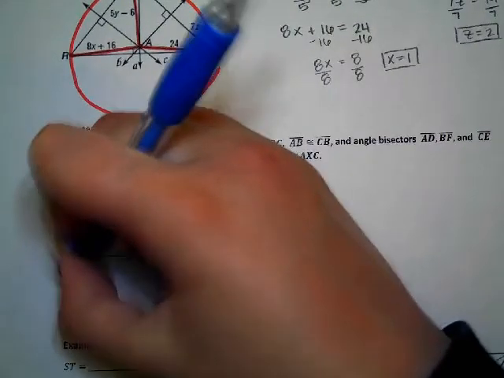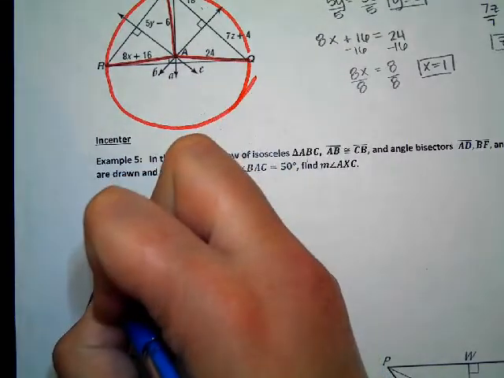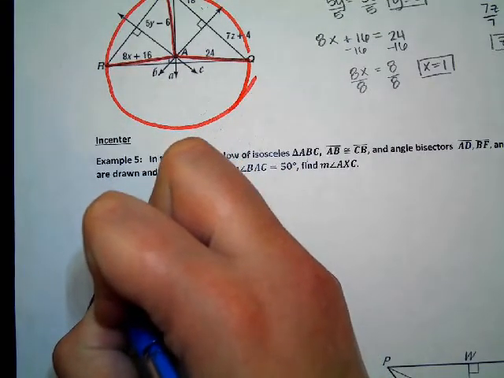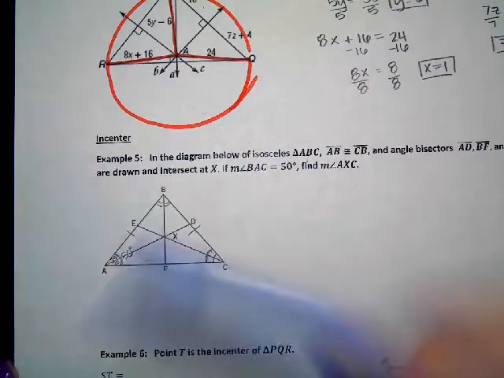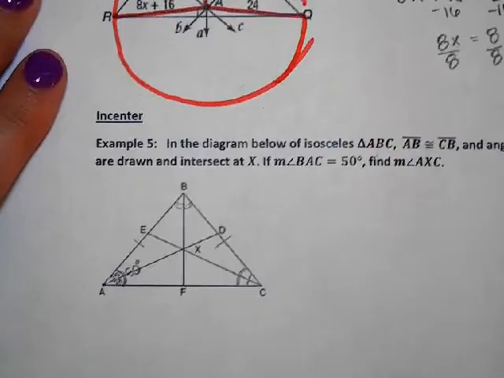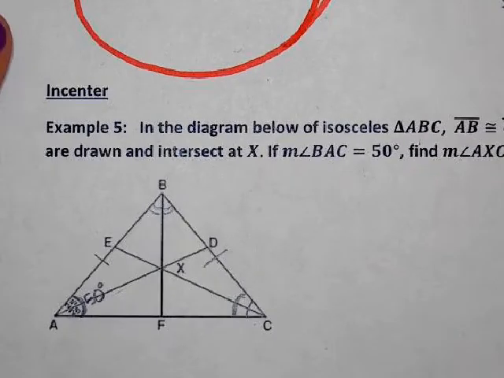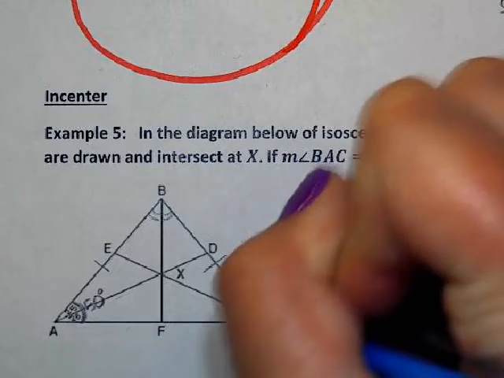Okay, and then since the base angles are the same, then what does that tell us about the other side? They are also going to be 25 and 25. And then overall, that's 50 for the whole thing.